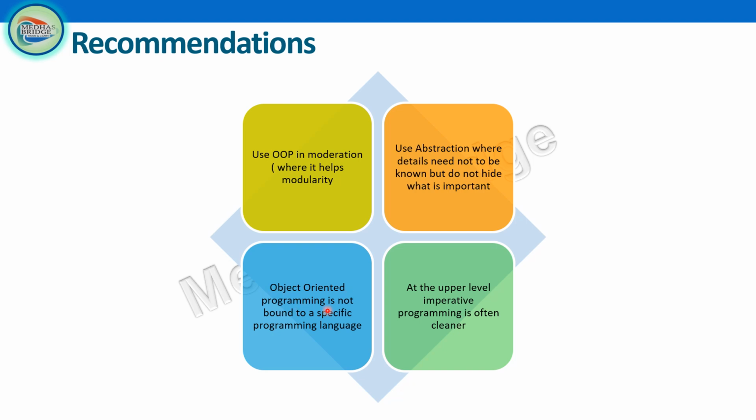Object-oriented programming is not bound to a specific programming language. It can be used in C++, it can be used in Java. And then there are a few more programming languages which support OOPs.